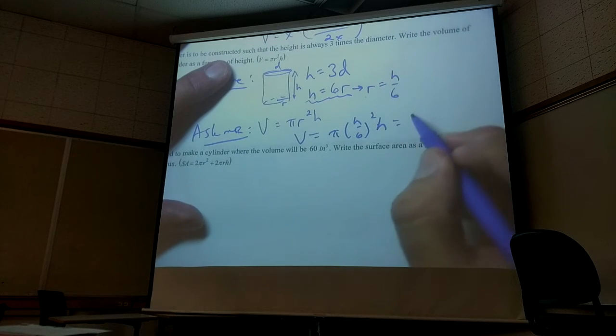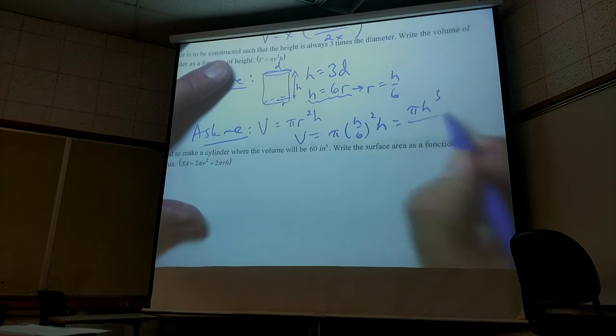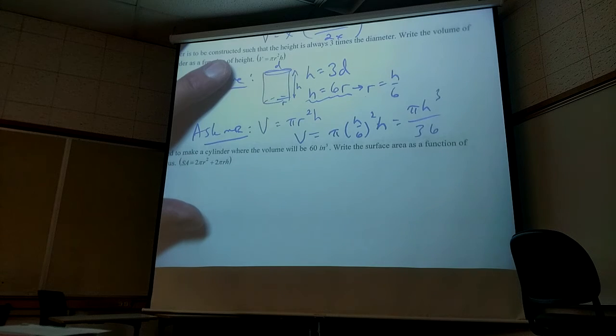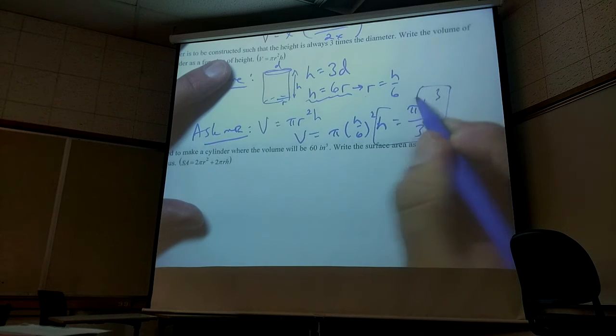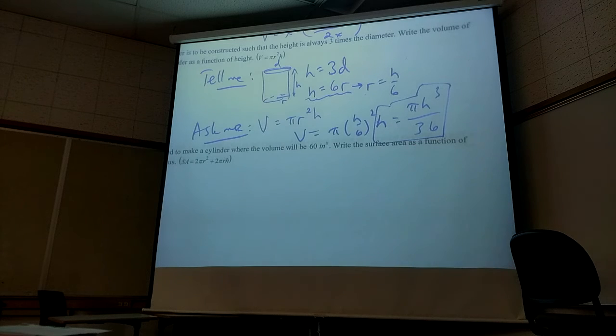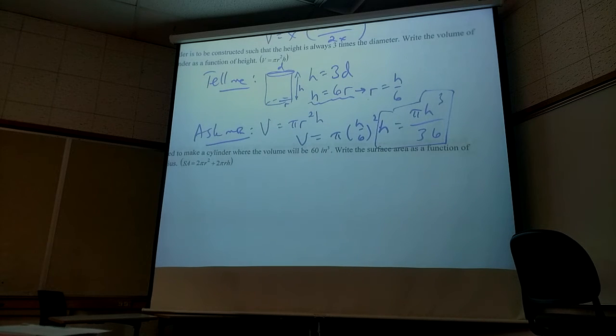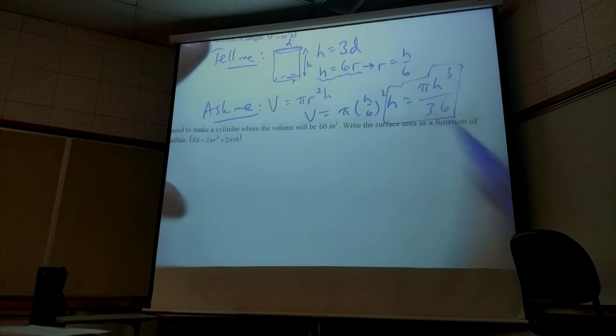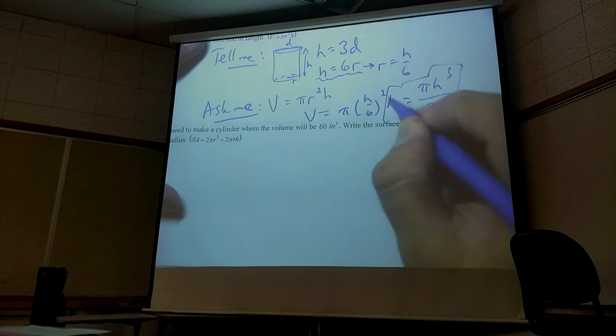So I get pi h cubed over 36. And then I could ask you, at a time when the height is blah, you have to take the derivative and so forth. What is this over here? You gotta check. It's the volume.